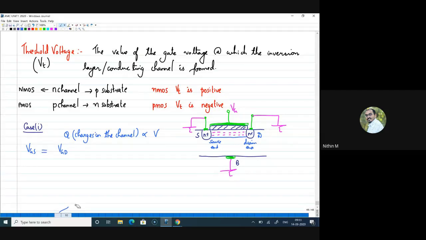Now, if the charges in the channel are proportional to the applied voltage, since the voltage at the source end and drain end are both equal, I can expect a uniform channel. Will you agree to this? Since VGS is equal to VGD, I can expect a uniform channel throughout.